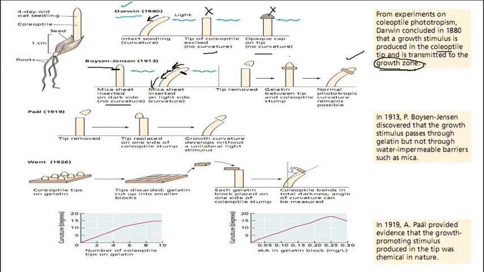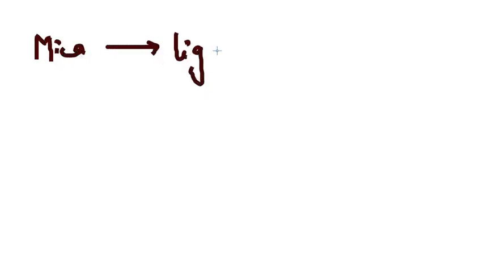That this coleoptile releases the auxin onto the agar block and the agar block retains it. So when they are placed onto the decapitated coleoptile, the auxin diffuses from the agar block to the downward region. So whichever region has a higher amount of auxin, that region will bend.